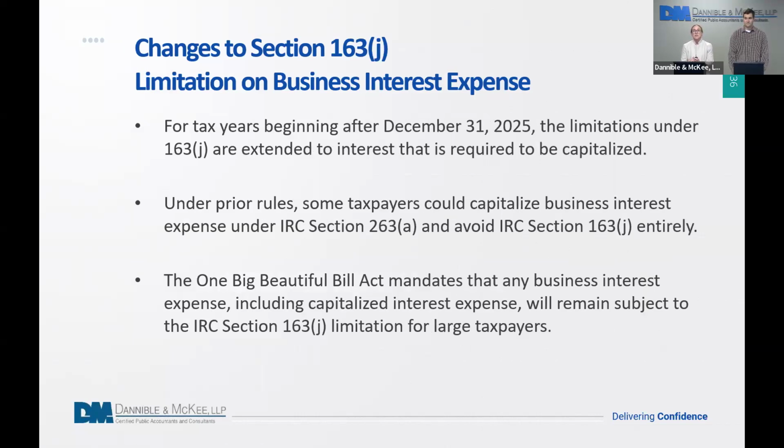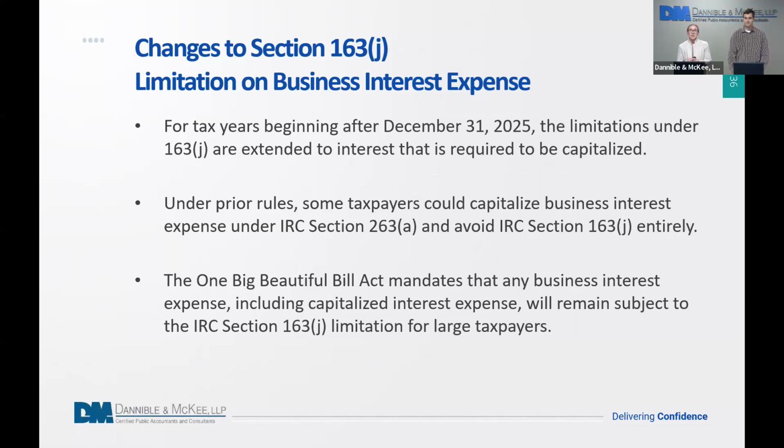Another item of note is that for tax years beginning after December 31st of 2025, the limitations of 163J are extended to interest that is required to be capitalized. That used to be a planning point for some clients. If they met the requirements of capitalizing business interest, that interest was separately accounted for and not subject to the limits of 163J.